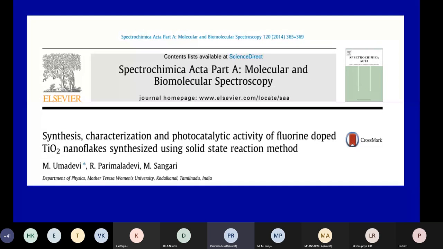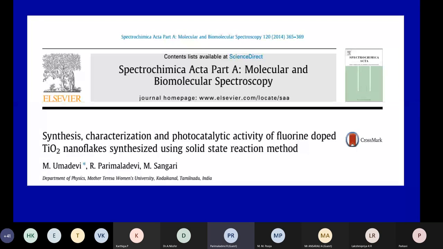To synthesize it we choose the solid state synthesis method. It is a very easy method, you can do it in your lab also. Just take titanium oxide and ammonium fluoride in appropriate amounts, and mix them well with a mortar and pestle.